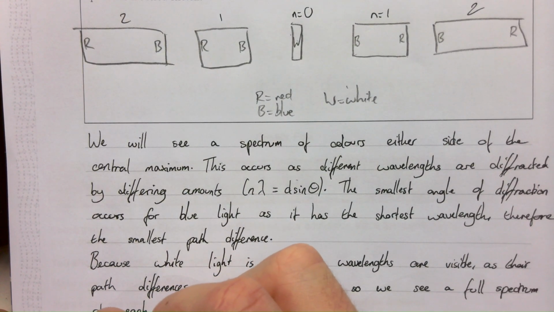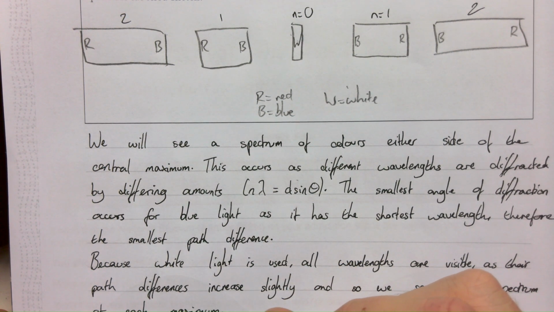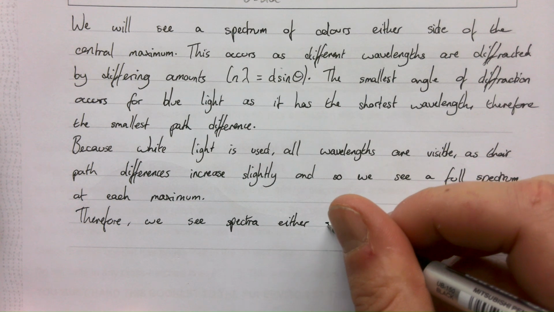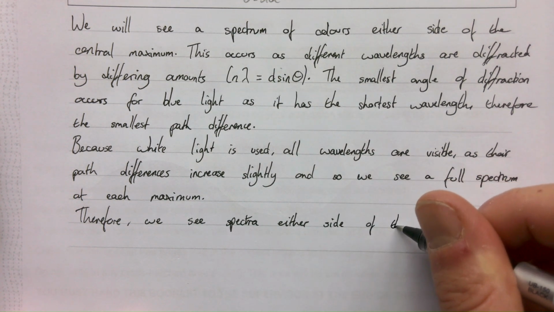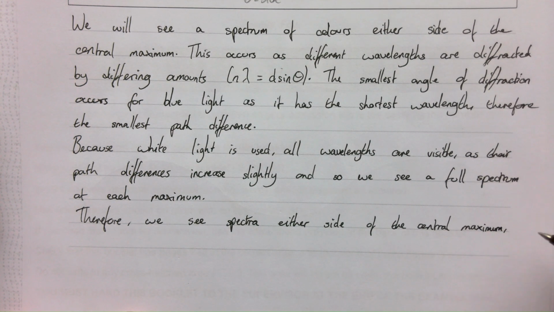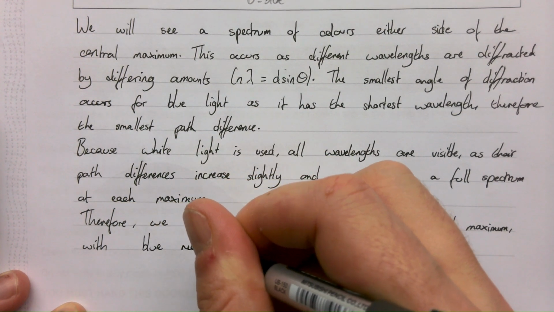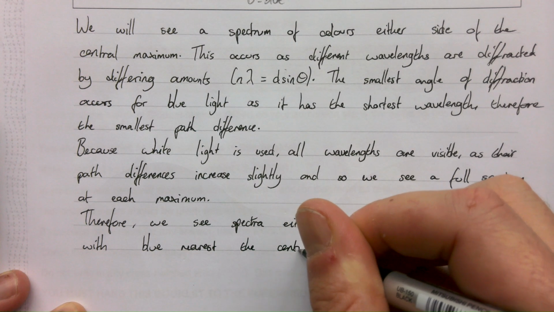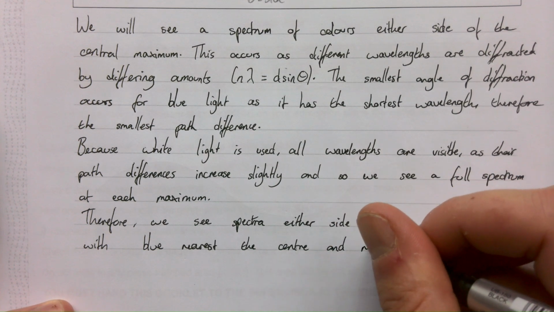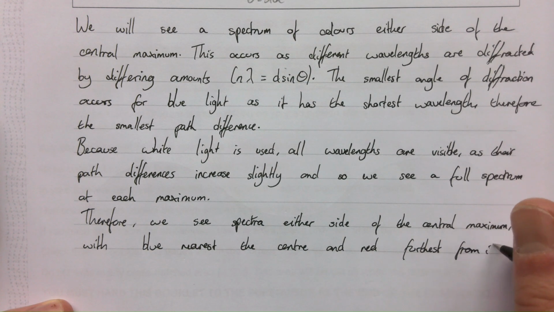Therefore, we see spectra, sorry, that's T, either side of the central maximum with blue nearest the center and red furthest from it.